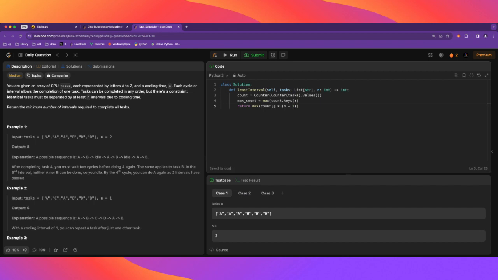And then the number of groups is going to be the max count minus 1, because the last group is going to be incomplete, so we want to add it, and that is going to be the count of the max count.